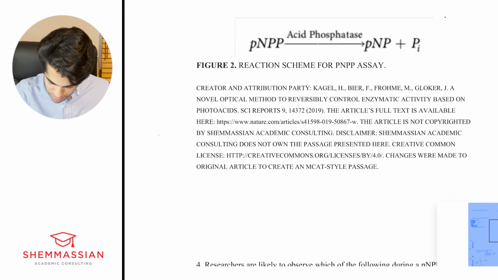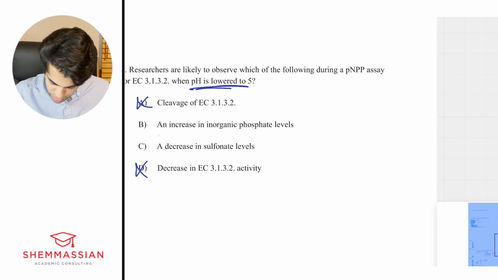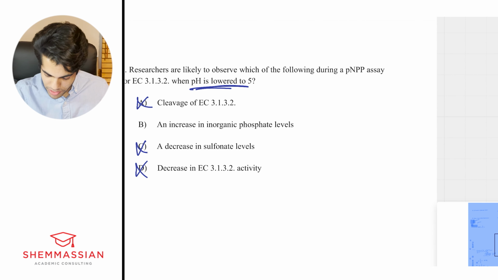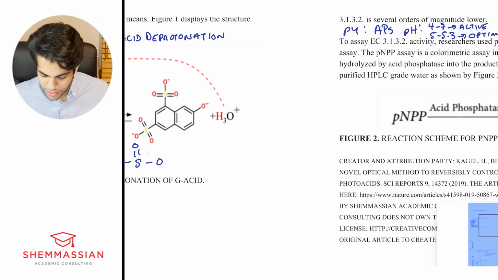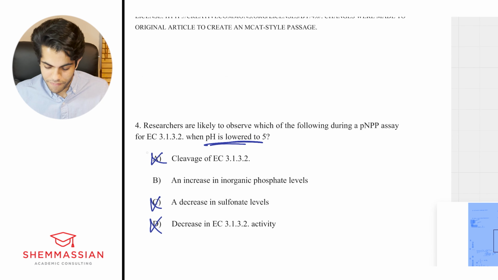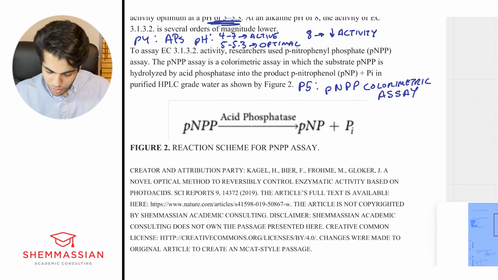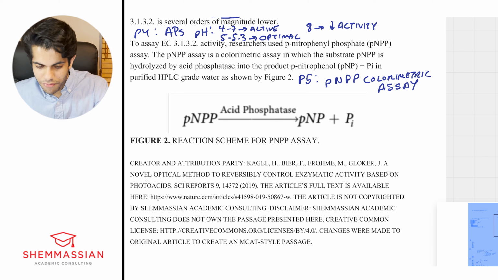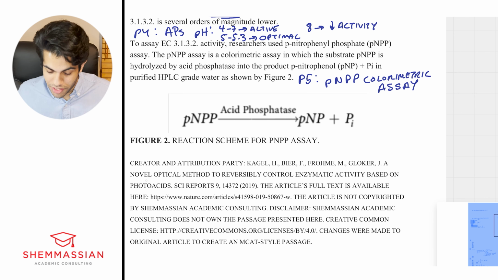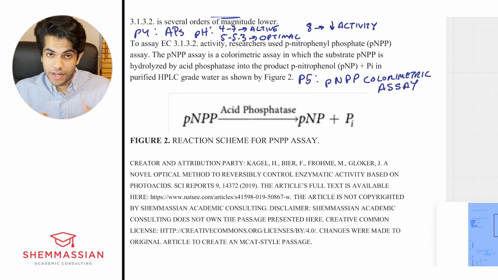And actually, let's go ahead and go with B. So basically, keep this one simple. You really just have to refer back to figure 2 and see that, okay, if we have a pH of 5, they told us that's going to be the optimal pH. And if we're at that optimal pH, this reaction should be shifting right, or at least we should have an increase in activity.